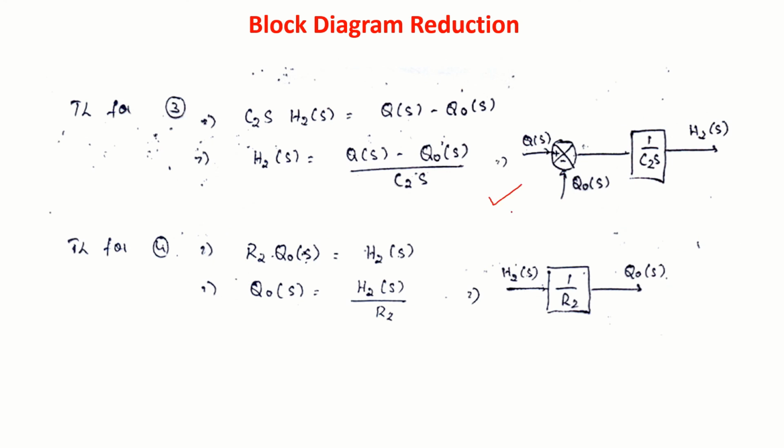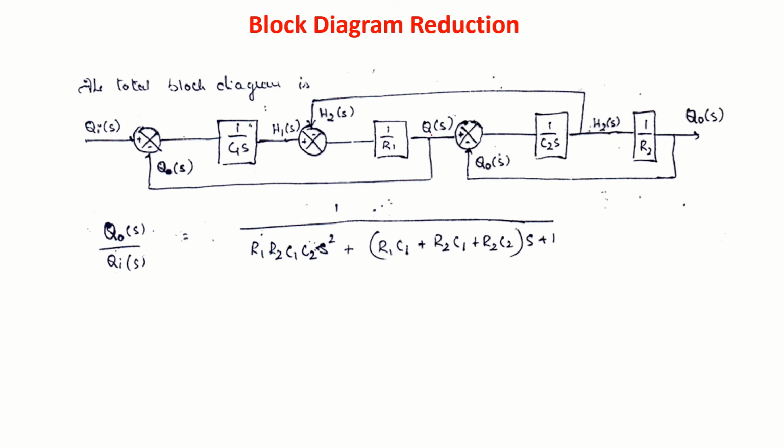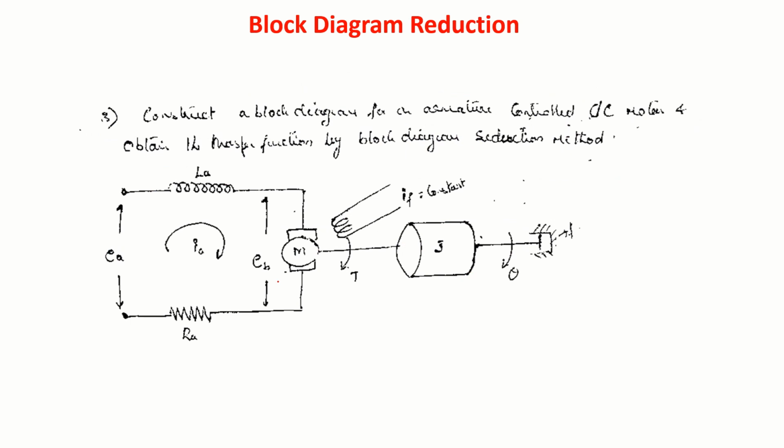Same third equation you can formulate, fourth equation you can formulate. Once you have formulated, then you can pick up those feedback signals and connect them, and you will get the block diagram, and you can reduce this. See, there is no difference between this and the electrical circuit problem I have seen. That's how we can analogously represent using electrical circuits. Right? So this is how we can formulate the block diagrams and reduce them and get the transfer function.